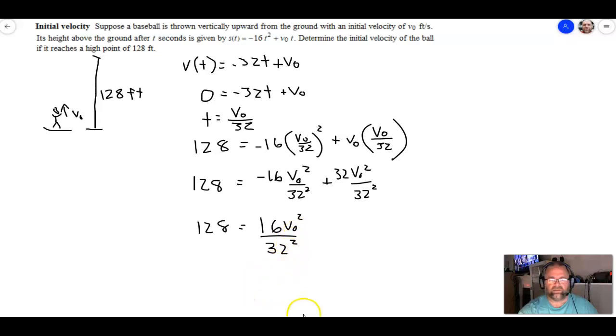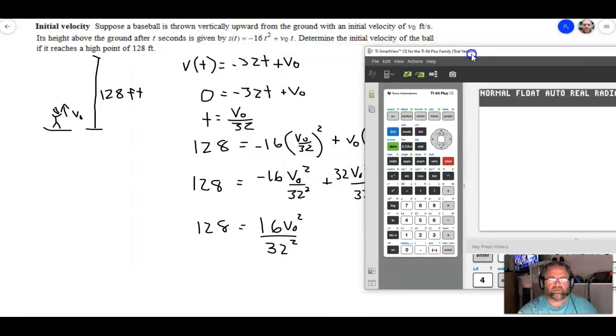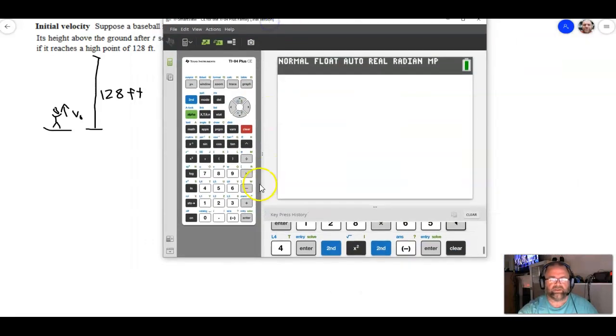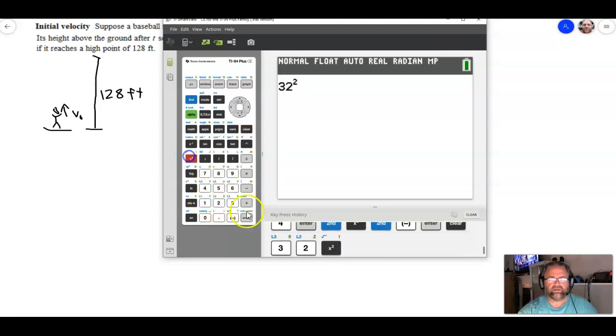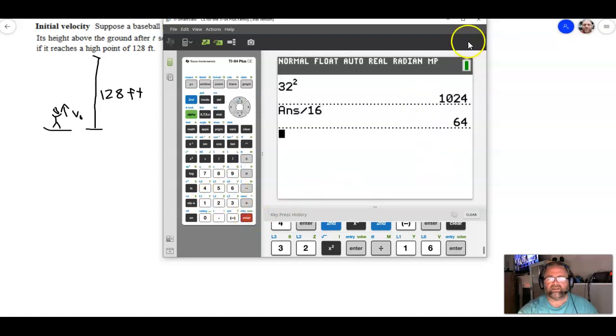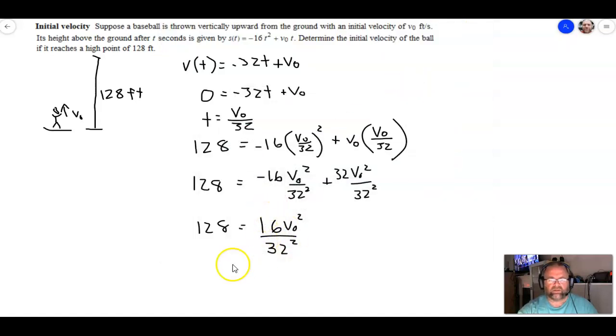And let's go ahead and use the calculator to see what that reduces to. Alright, so we have 16 over 32 squared. So let's see if I do 32 squared and divide that by 16, I'm going to get a 64. So really 128 is just going to be equal to v naught squared over 64.